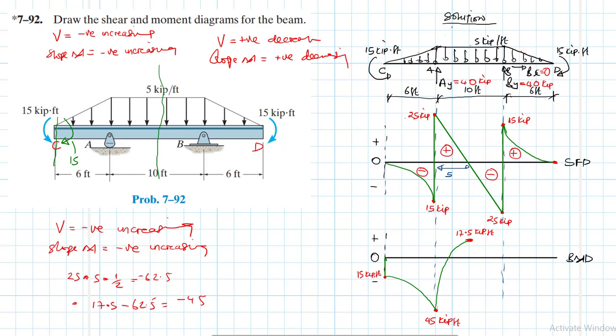All right, so this is going to go down up to somewhere here. All right, somewhere here. So it will repeat the same fashion. So this will come down.